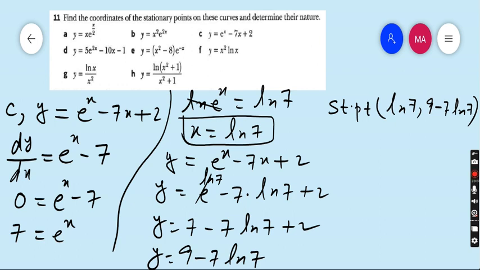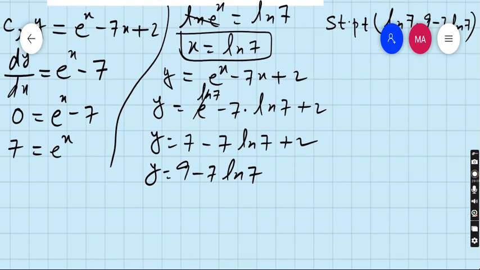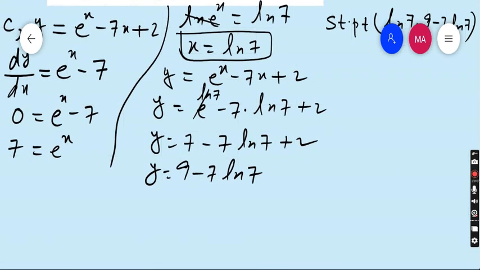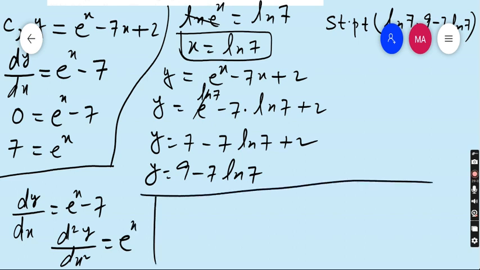Move to the second derivative, the nature of this stationary point. Again, in order to find the nature, we must write the derivative first. That is dy/dx equals e^x minus 7. Find the second derivative, d²y/dx². The e^x derivative is e^x and the 7 derivative is 0.